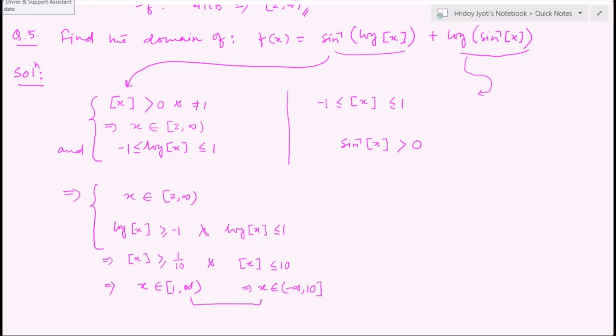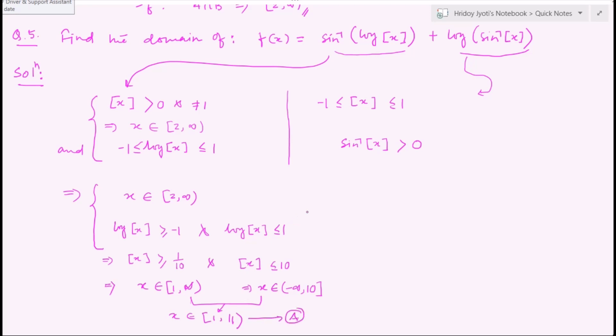So their intersection will be x belonging to 1 to 11, open interval. So this one will give A.